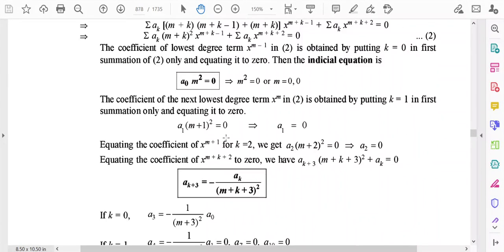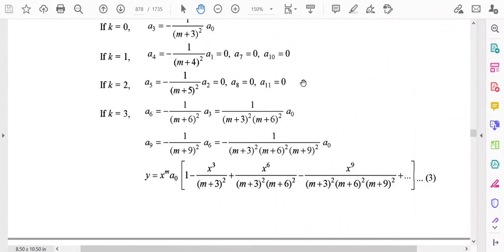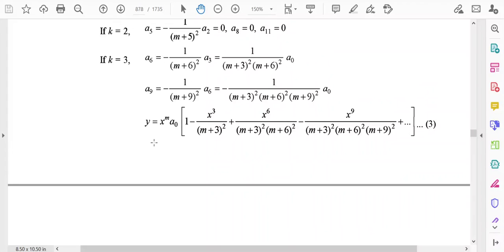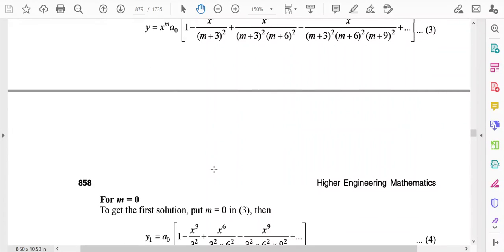So after looking at these values of a, the solution will be y is equal to x to the power m a0 and this factor. So equation 3 gives the general solution. But we have already seen that there are two values of m, that is m is equal to 0 and 0.